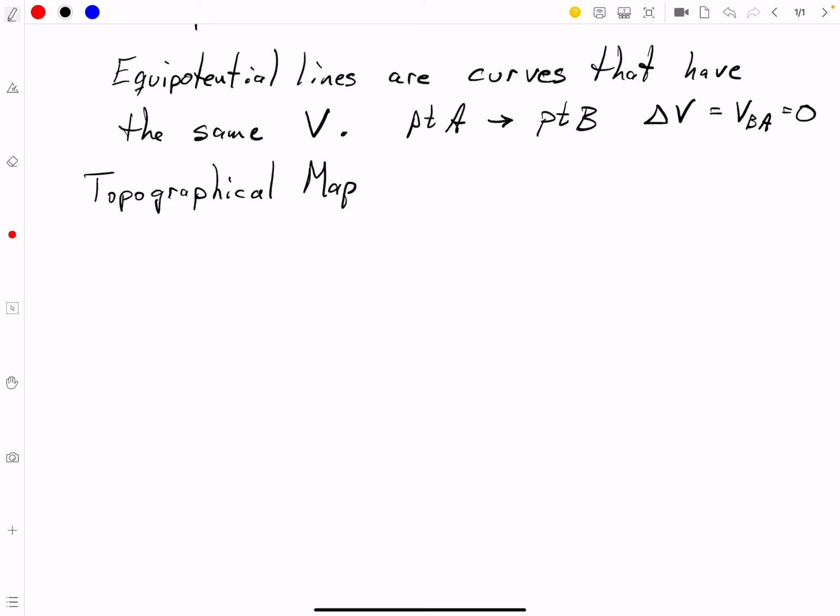You can get them from the USGS. Let's say you have a mountain, and we're looking at the mountain sideways, like this.